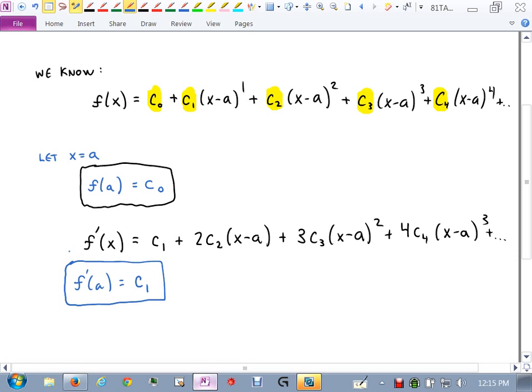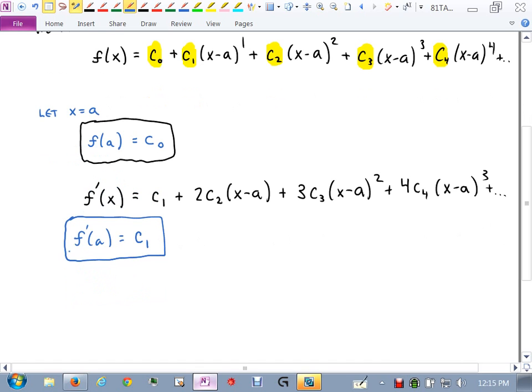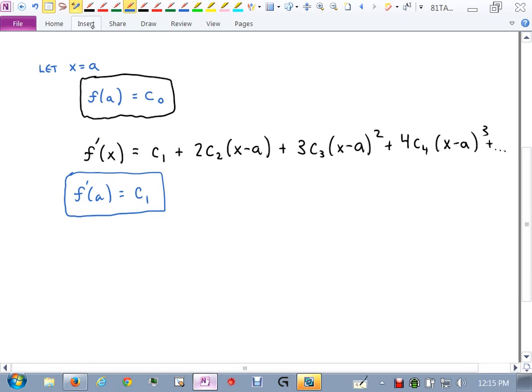What do you think I'm going to do now? Take the derivative again. What's going to keep happening every time I take a derivative? You're going to get the next piece, right? So look, what would the second derivative of x give you? The derivative of c sub 1 is gone, but now be careful here.